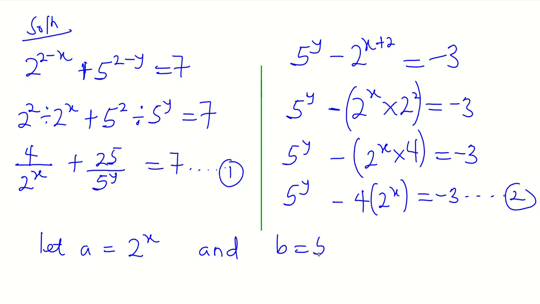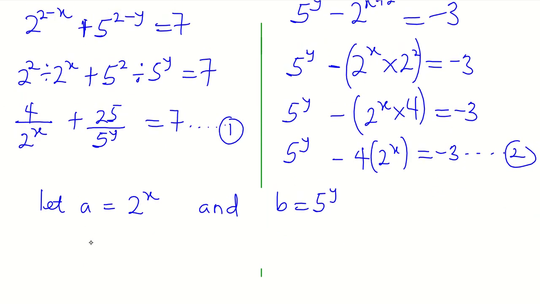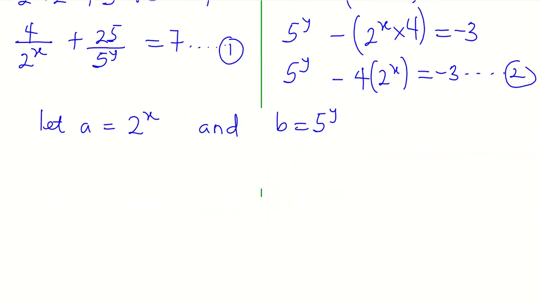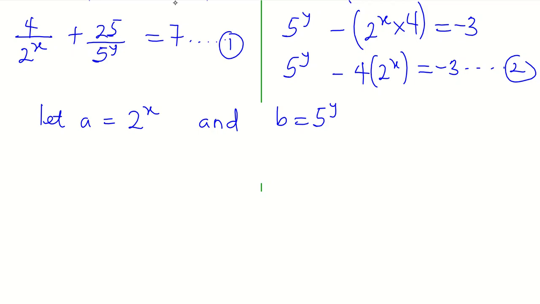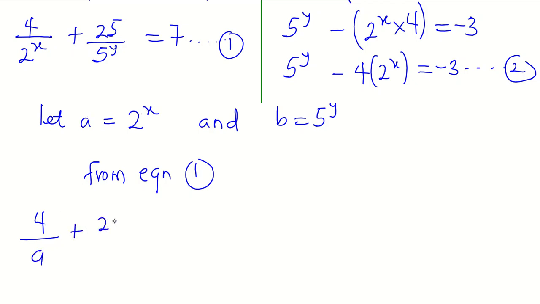So by quick substitution, we can quote from equation 1 that we have 4 out of a, now a is equal to 2 exponent x, plus 25 out of b, and 5 exponent y is now b, and then it's equal to 7.